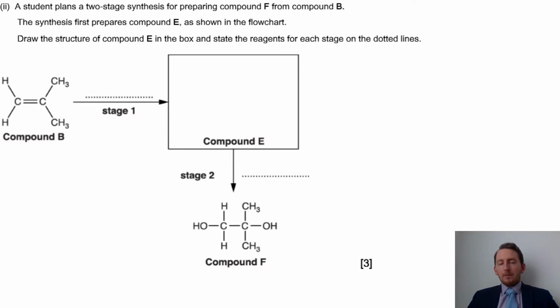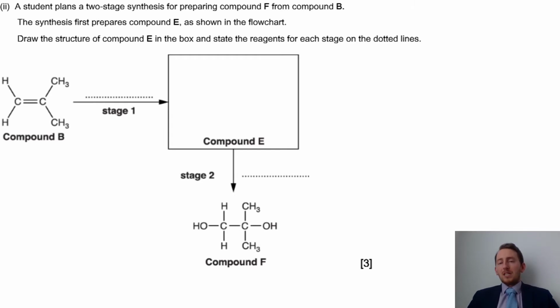That's probably going to be removed in this first stage. And I need to think, okay, once I've got rid of that double bond in the alkene, I've got a carbon-carbon single bond, and I need to find a way to get those OH groups on there. So I know I must add something in that then gets replaced by those OHs.